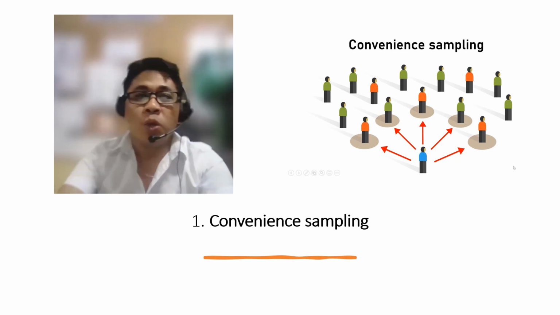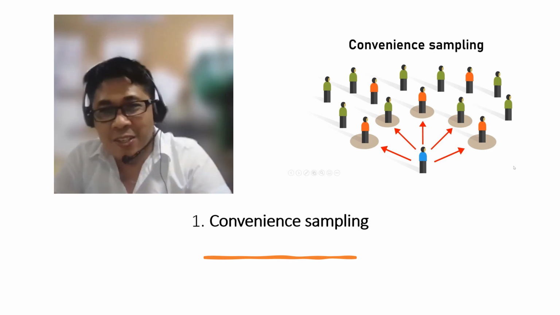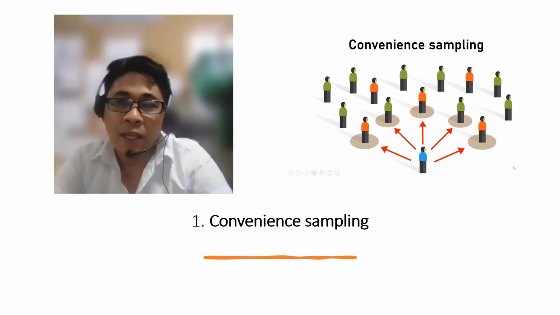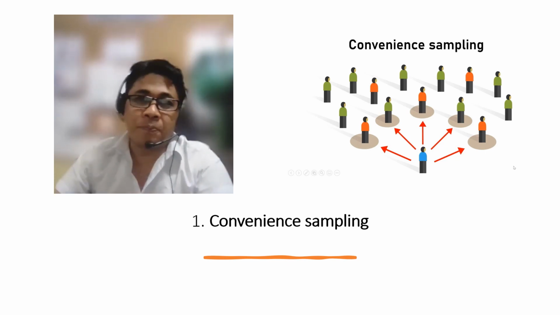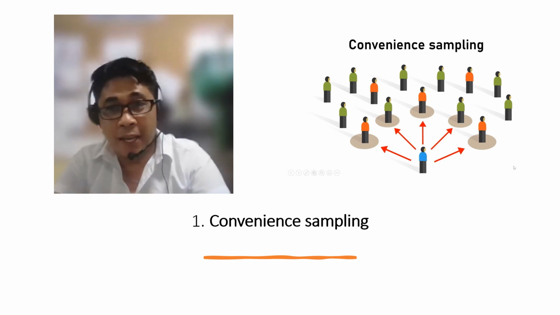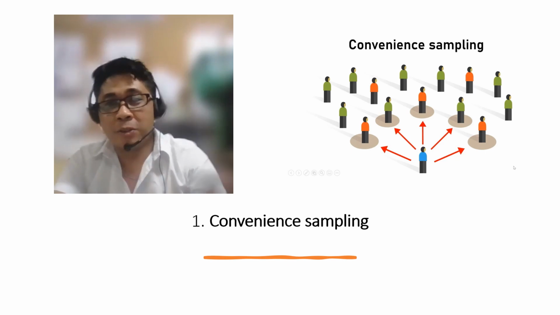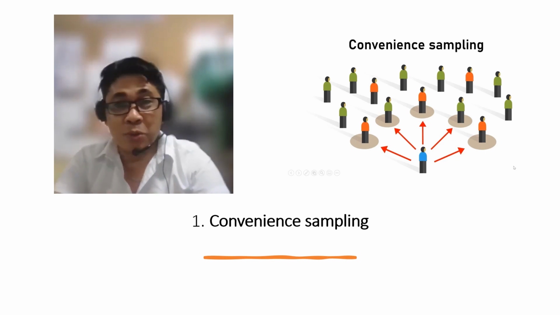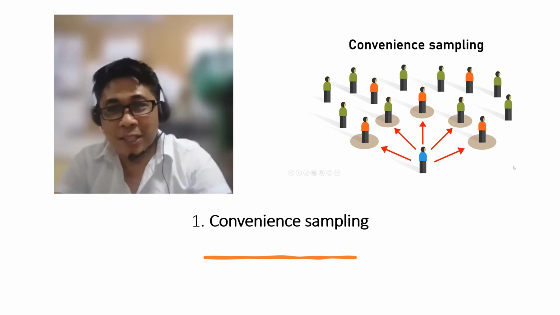So, for instance, your statistician told you to have like 100 respondents. You're using convenience sampling, so you simply stay in a place, like for instance in your school, and the first 100 people to pass by will be your respondents.